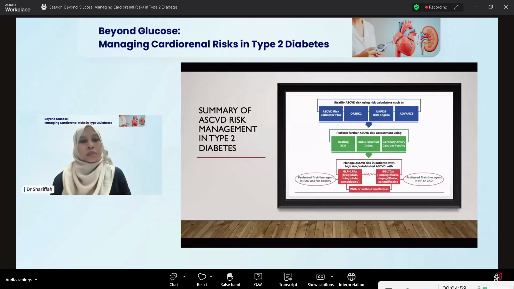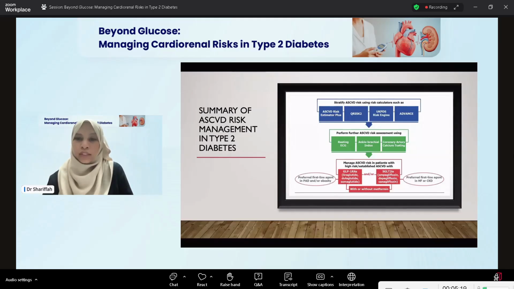Okay, so this is a summary of the risk management for patients with type 2 diabetes. So we stratify according to the risk calculators that we have, and depending on your local population, you will use your local risk stratification tools. Once we do that, we may perform further risk assessment if it's considered to be maybe intermediate or high risk.